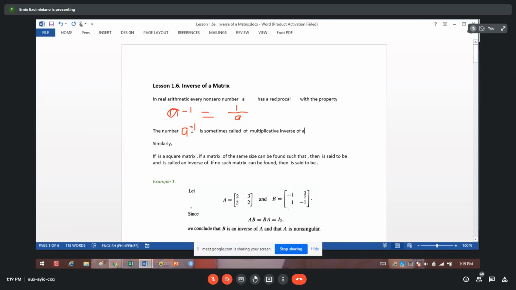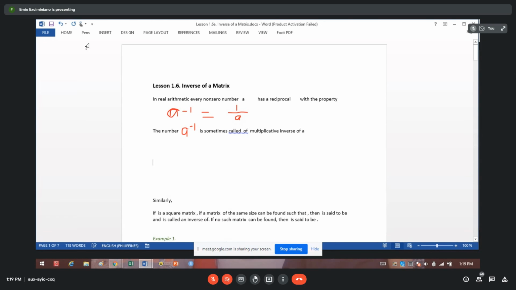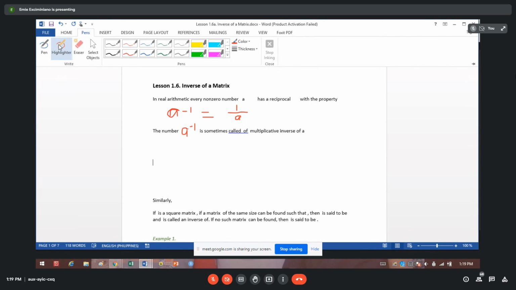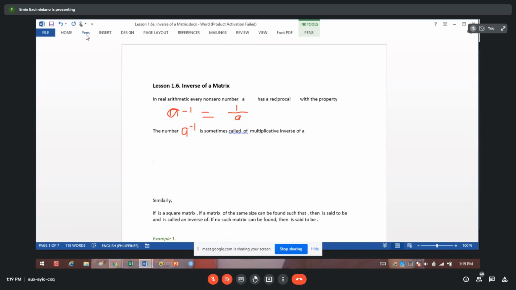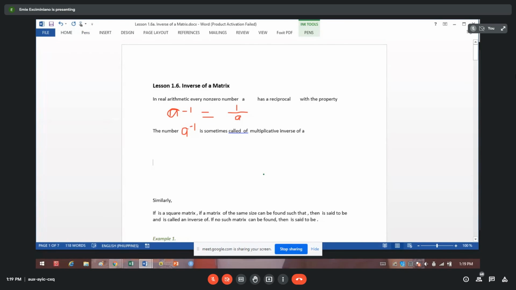The number A raised to negative 1 is sometimes called a multiplicative inverse of A, such that pag daw ito ay minultiply natin yung A natin, see, ang A nyo, minultiply nyo ng A raised to negative 1, that would be 1.